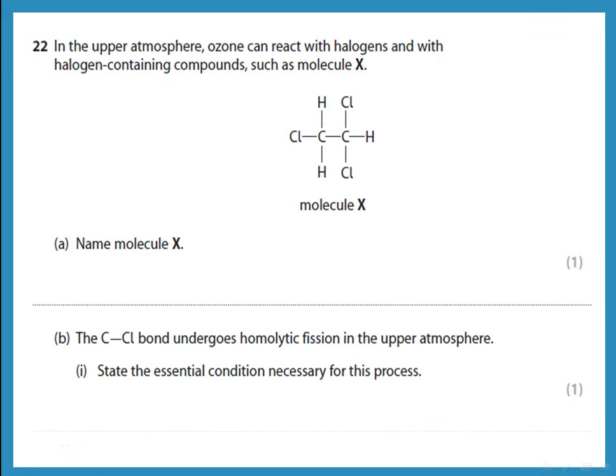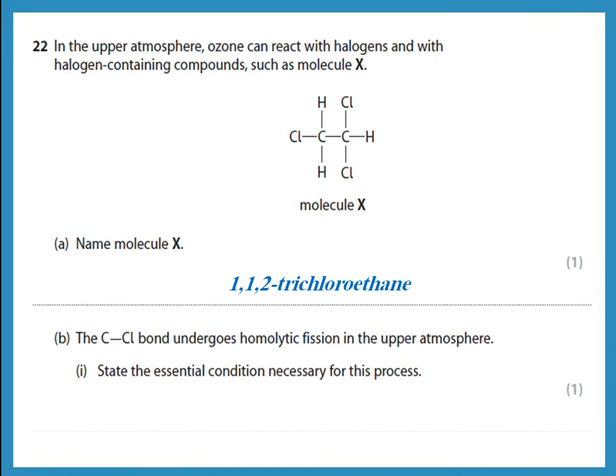I have 3 chlorines, so that is trichloro. Now, what is the position of the chlorines? I have two chlorines on the first carbon and a third on the second carbon. So this is actually 1,1,2-trichloroethane. Remember, we count from the side that will give the lower number.